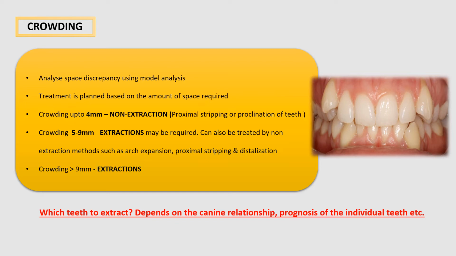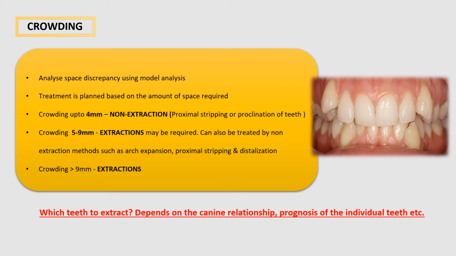If on the other hand the crowding is between 5 to 9 millimeters, extraction may be required in these patients. However, you can use certain combination approaches, that is arch expansion. You could perform proximal stripping and distalization in these individuals to gain that additional space.